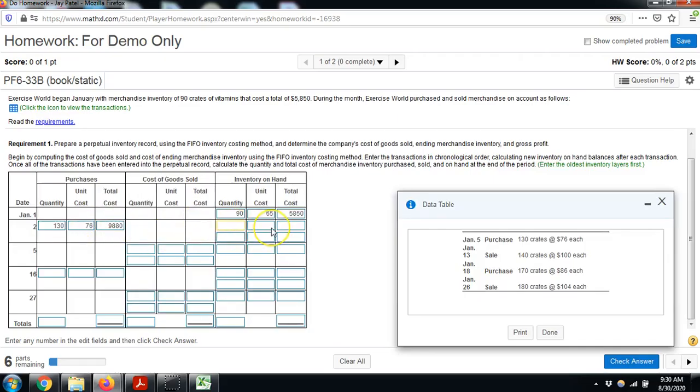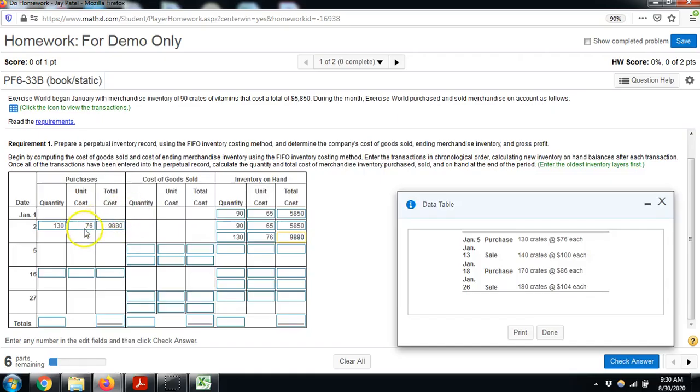So we have this initial 90 units at $65 a unit. And now we have this new one of 130 units at $76 for a total cost of $9,880.